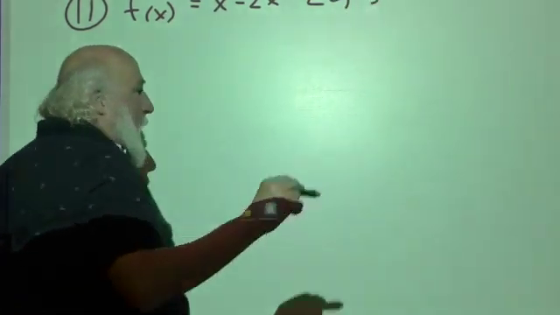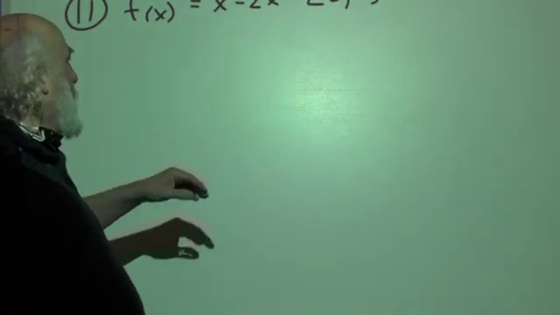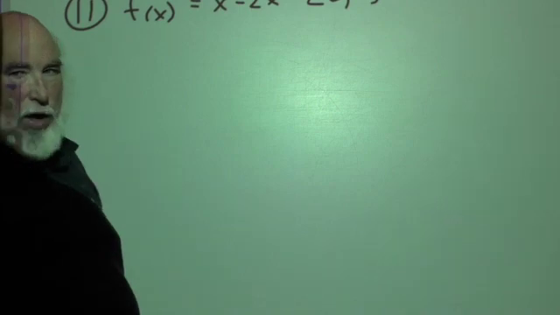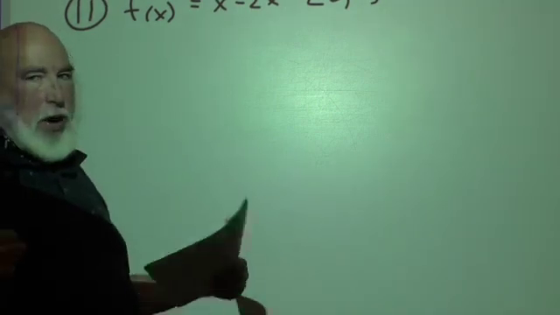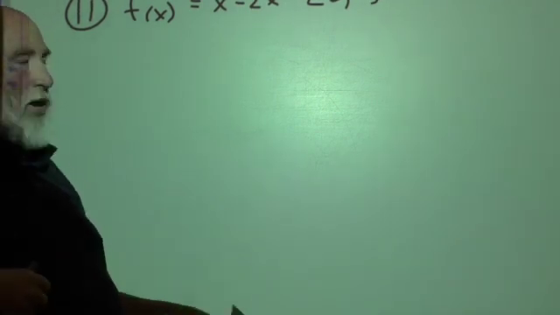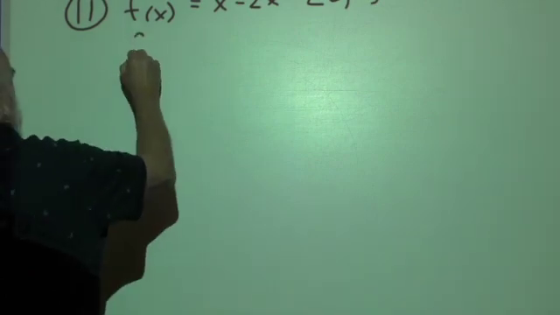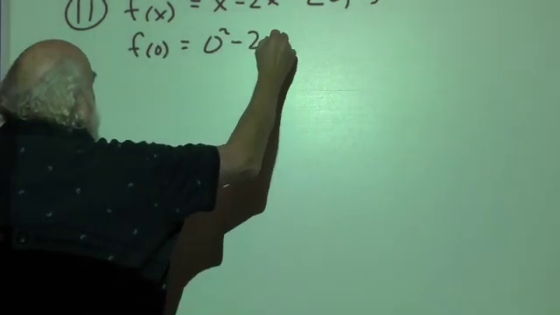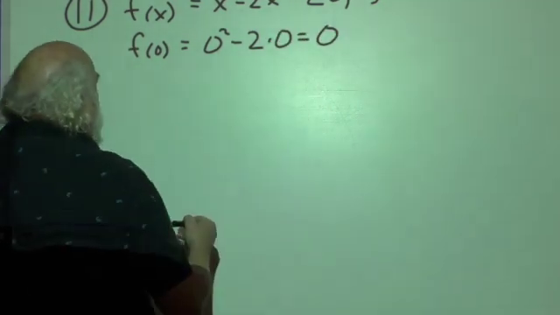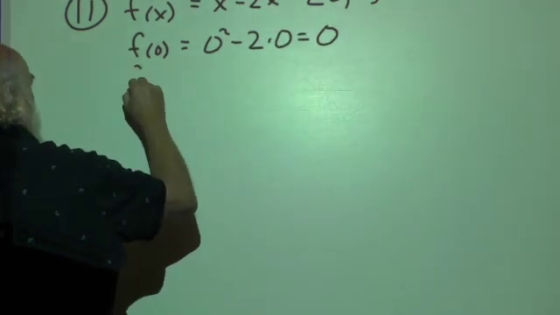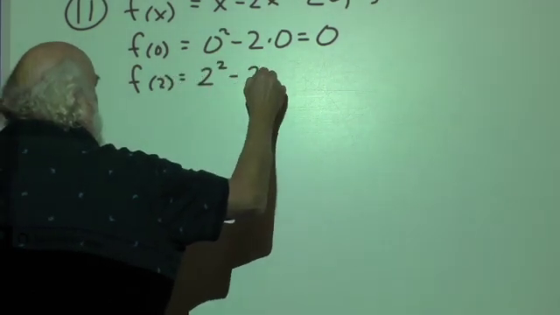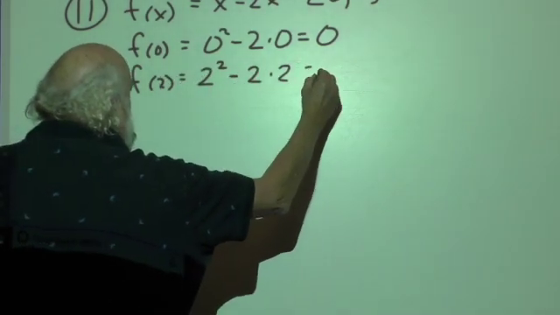So the first thing we have to do is make sure that the function of 0 and the function of 2 are the same thing. Doesn't make any difference what number it is as long as they both come up with the same value. So the function of 0 is 0 squared minus 2 times 0, that is 0. And then the function of 2 equals 2 squared minus 2 times 2, 4 minus 4 is 0.